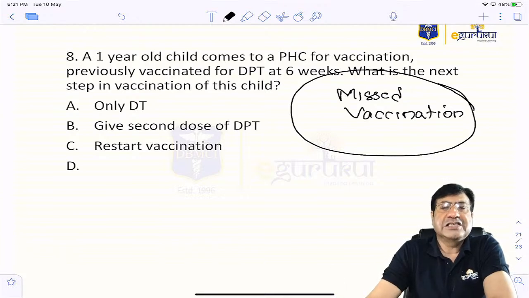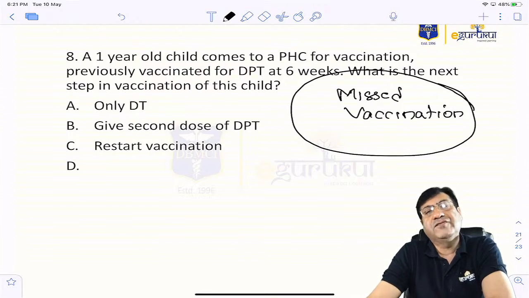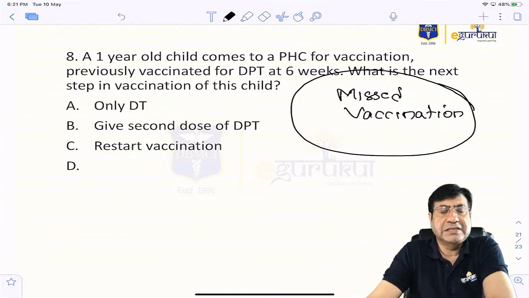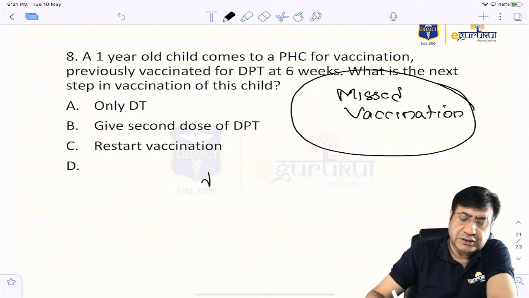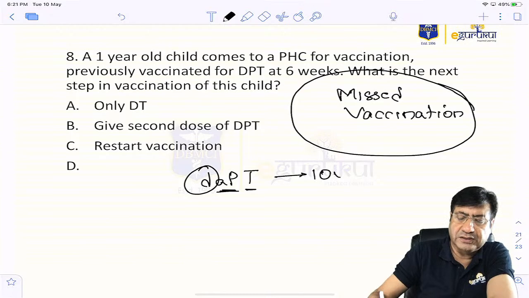In the IAP immunization schedule, the DPT vaccine is primarily given at 6, 10 and 14 weeks, with the first booster at 16 to 18 months and the second booster at 4 to 6 years. And then from 10 years you get the small dPT vaccine with the small d, acellular pertussis and tetanus, which is given at 10 years of age.